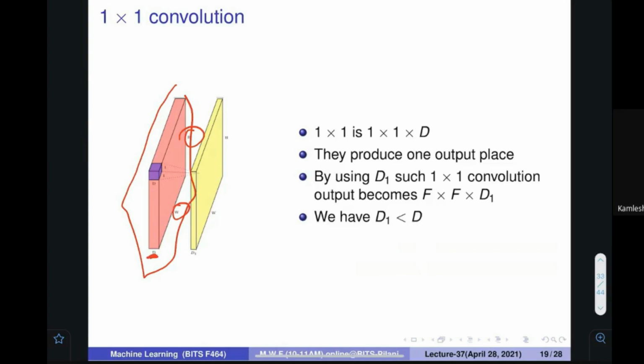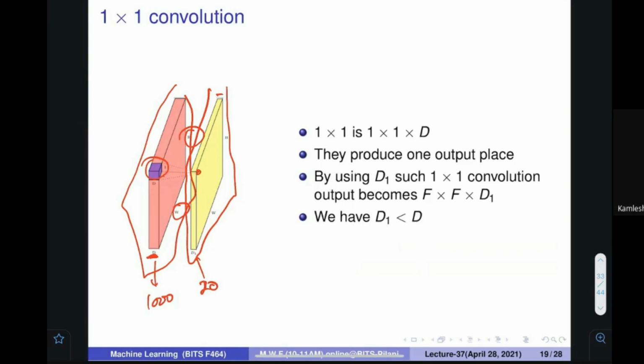So it says that if I apply a filter, I would be getting a value over here. Okay, let's assume that D is 1000. So if I apply a filter over here, I would be getting one thing over here. Instead of 1000, if I apply, for example, 20 such filters, I would be getting a smaller plane.